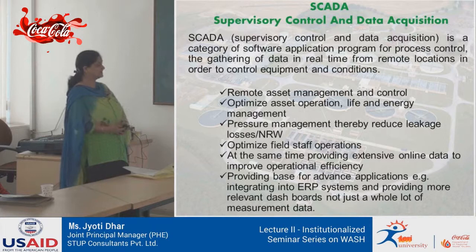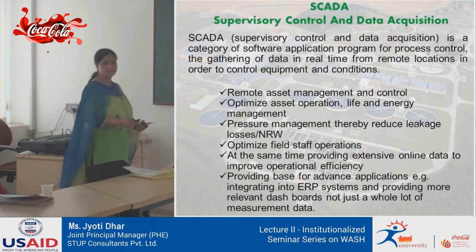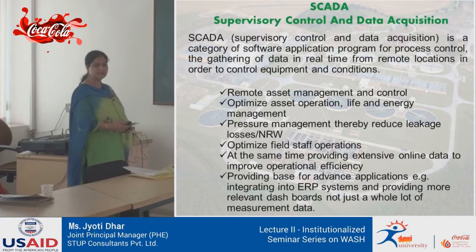Then what does SCADA do exactly? It does remote asset management and control. It optimizes asset operation and life and energy management. And you have pressure management, thereby reducing the leakages and NRW. It optimizes field staff operations, like you don't need too many operators scattered over the area of the whole plant.